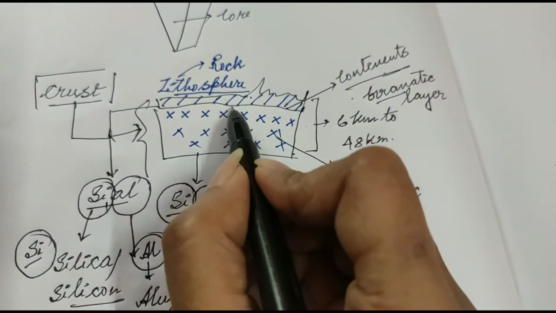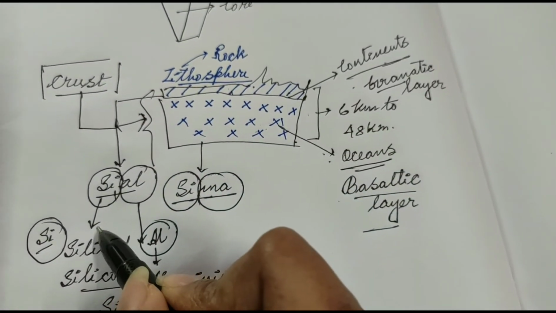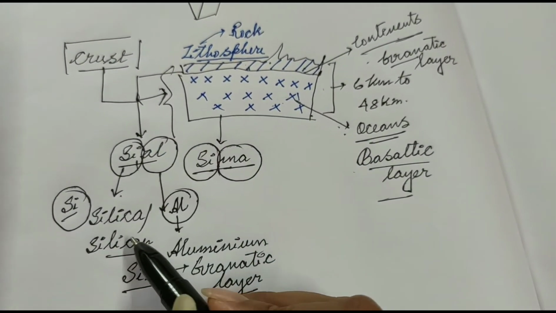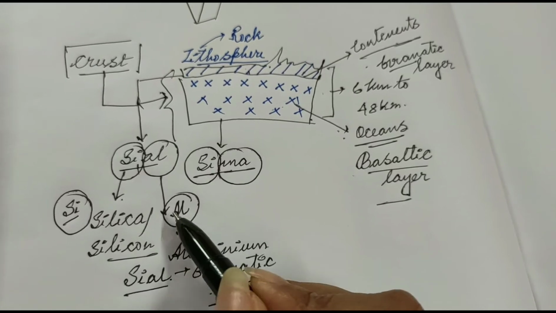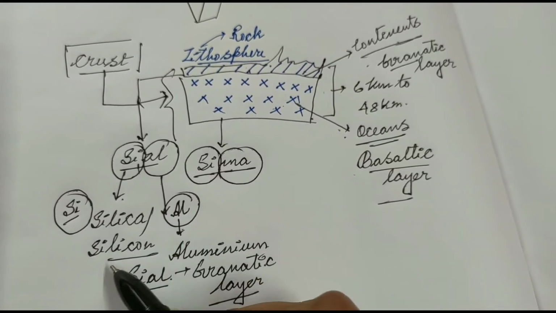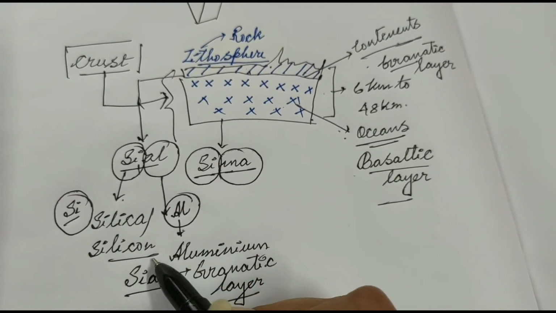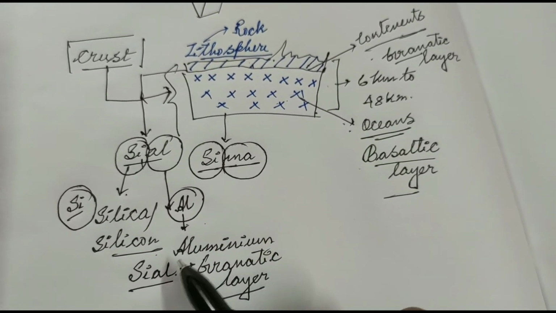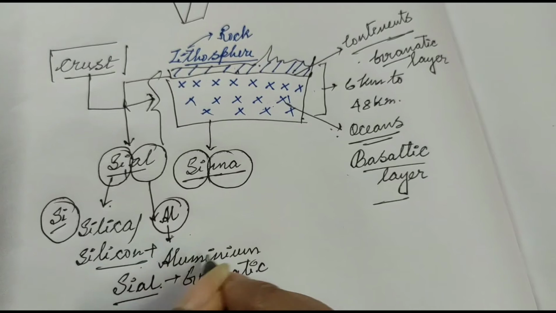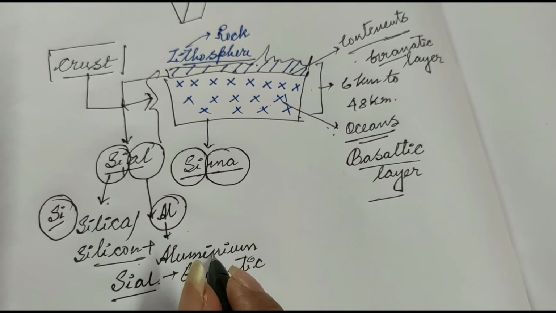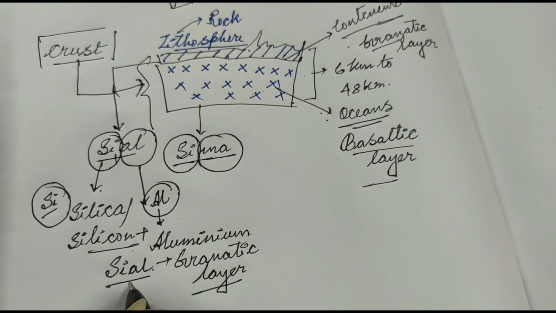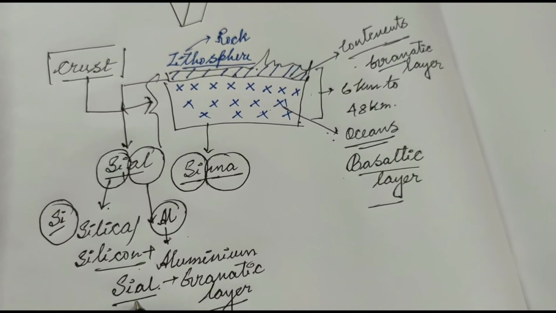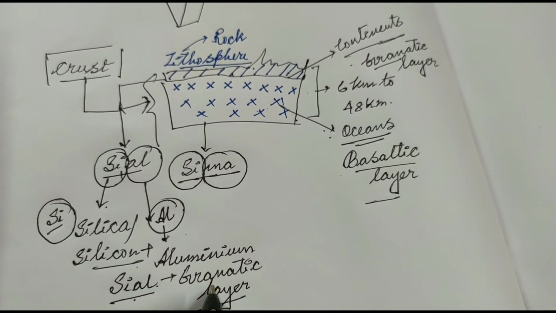So that part is the Sial. Si means silicon or silica, Al means aluminium. Together silicon or silica plus aluminium make the Sial, that is the granitic rock.